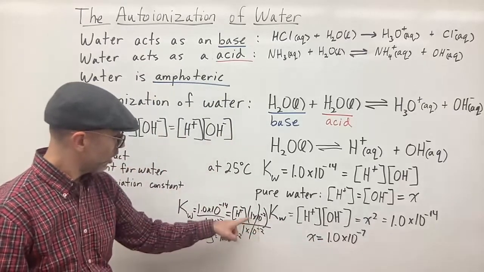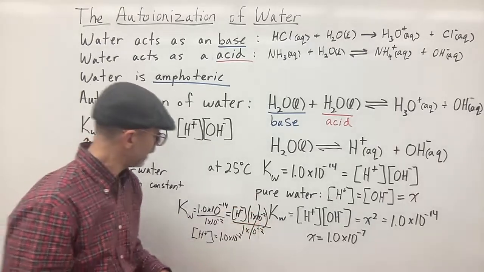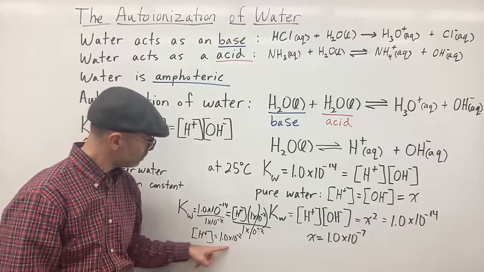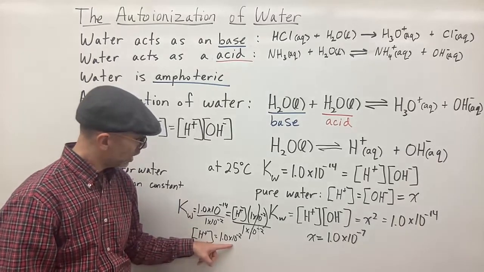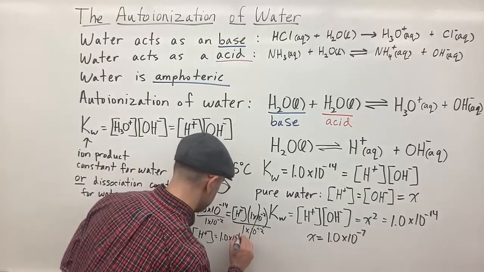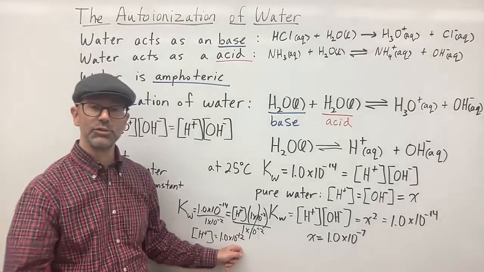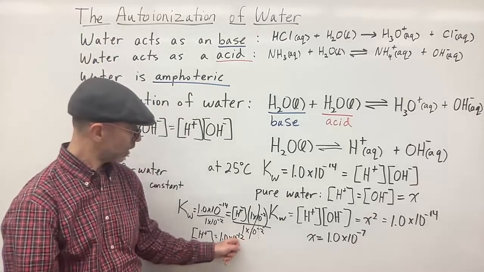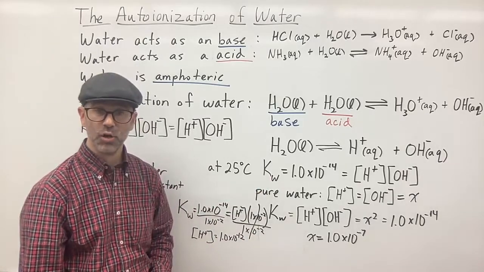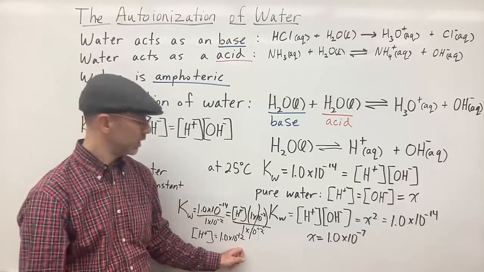So our OH minus was increased by a factor of 100,000, and that means that when we find our H plus, the H plus concentration, that should be a 12, not a 2, decreased by a factor of 100,000. So it went from negative 7 down to negative 12, again dividing this by 10 five times.